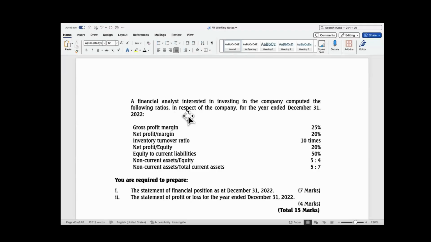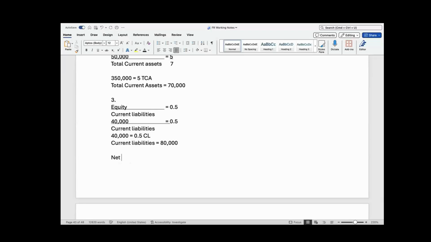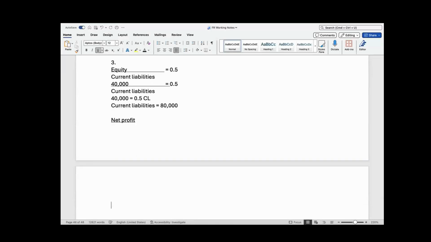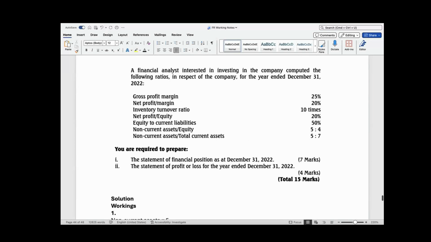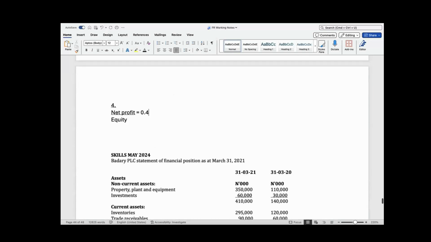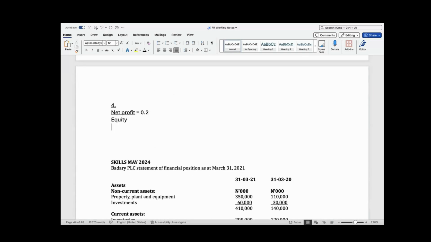Also, I can get my net profit from here, because net profit to equity, they said, is 20%. So net profit over equity equals 20%, which is 0.2.